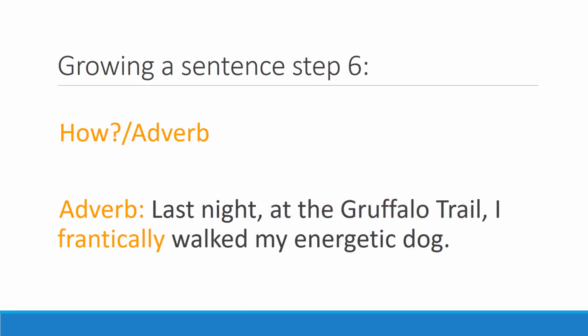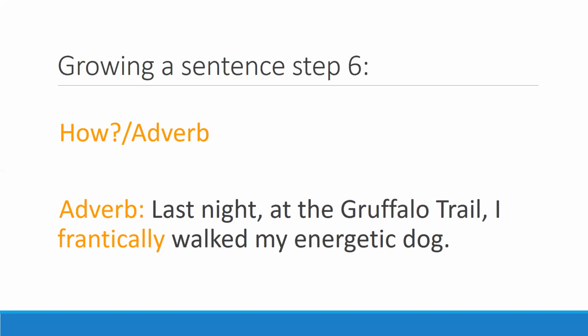Now, step 6, I'm going to tell my reader how I did this. So again, if you have forgotten an adverb, and there's a hint in there, an adverb, it describes a verb. So I'm going to tell my reader how I walked my energetic dog. Did I walk my energetic dog calmly or excitedly? I chose frantically.